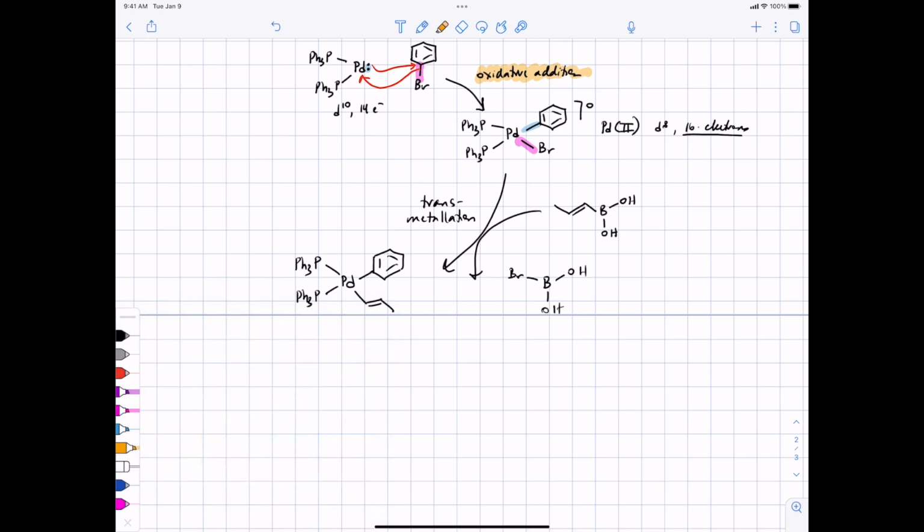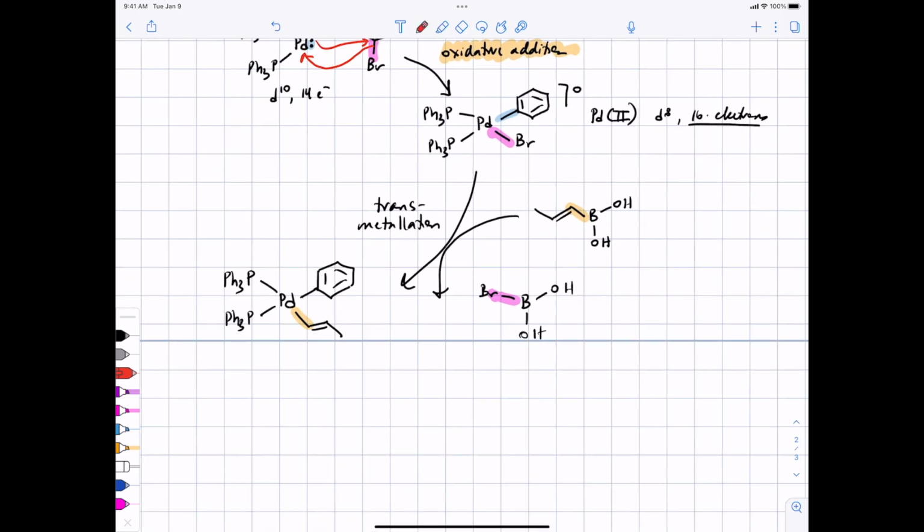So do you see we've sort of just swapped out who's attached to whom? If you want to push arrows for this process, you could show the electrons in the boron carbon bond attacking the palladium and bromine leaving and attacking the boron.